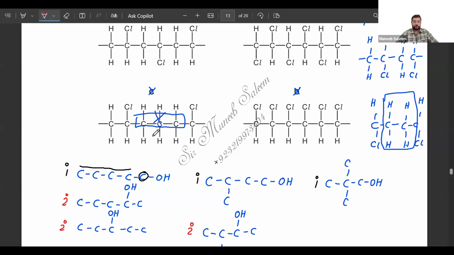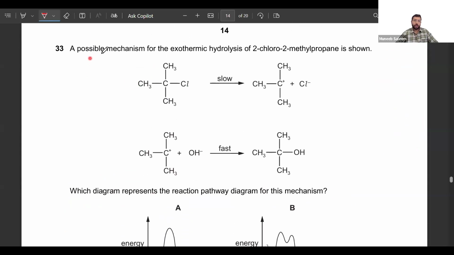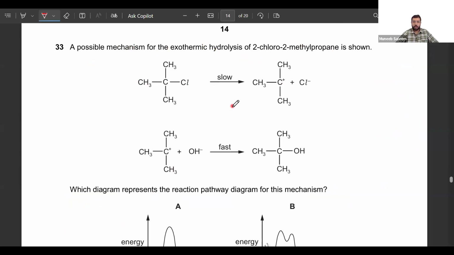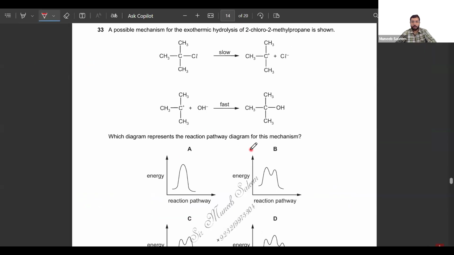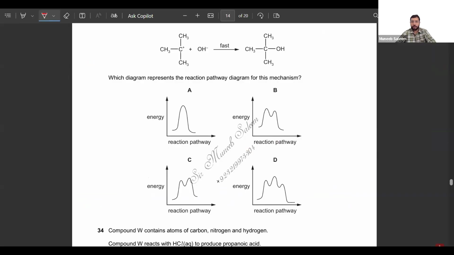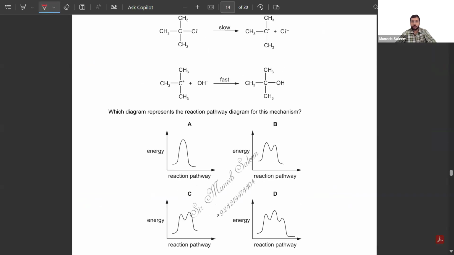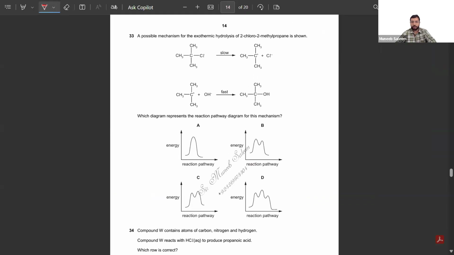Now, question number 33. A possible mechanism for the exothermic hydrolysis of this compound is shown along with the pathway diagram for the mechanism. We have to consider the correct diagram for this reaction.